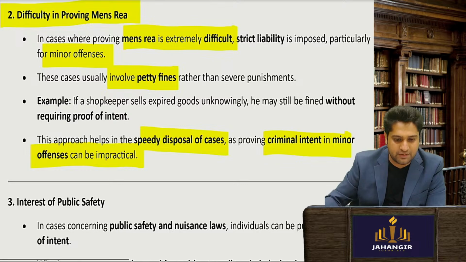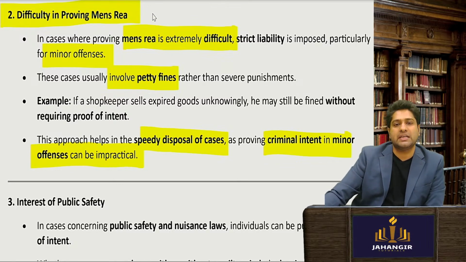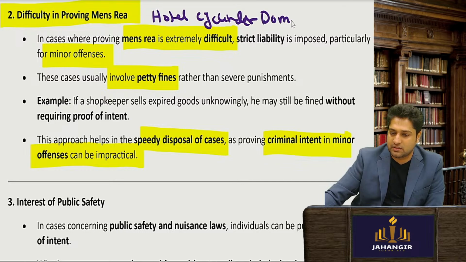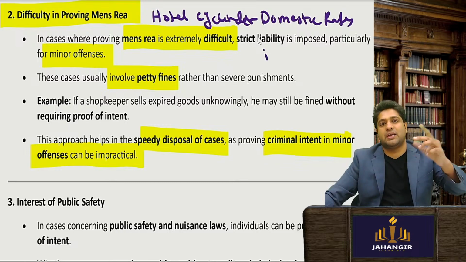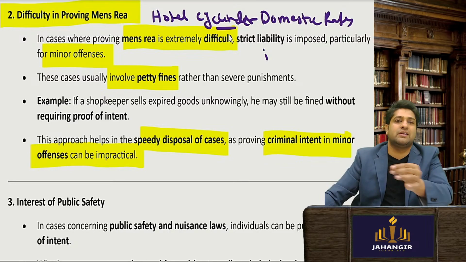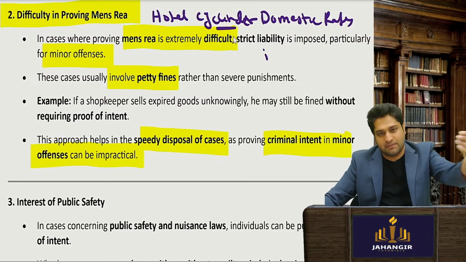Let me give you an example. A hotel is using a cylinder bought at domestic rates, without paying commercial rates, as the rates for cylinders are different. Now you catch the person, and he says, no, I didn't know, etc. They say, okay, fine, a penalty will be there.